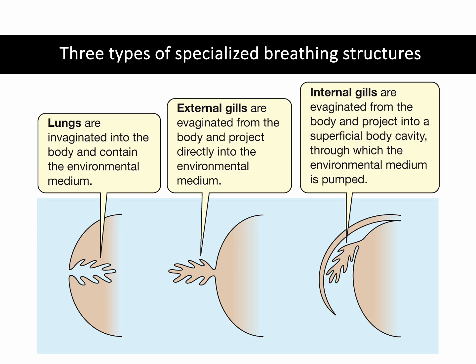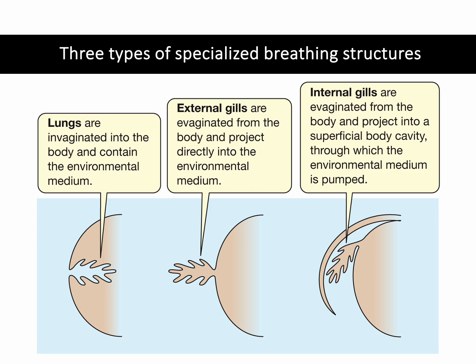Okay, there's three types of specialized structures that animals have for breathing. Lungs, which we can picture, are invaginated into the body, and they contain the environmental medium inside the body. So think of a human or any mammal, right? You have lungs inside your body, and the air goes into your body.